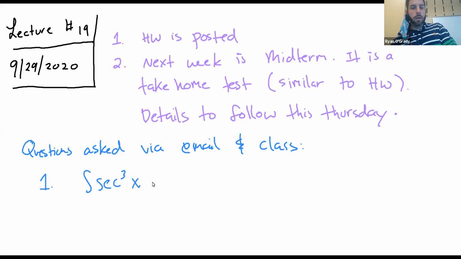This was on one of your homeworks. This integral is needed for many arc length integrals, amongst other things, and it's not easy. We're going to talk about that in a second.